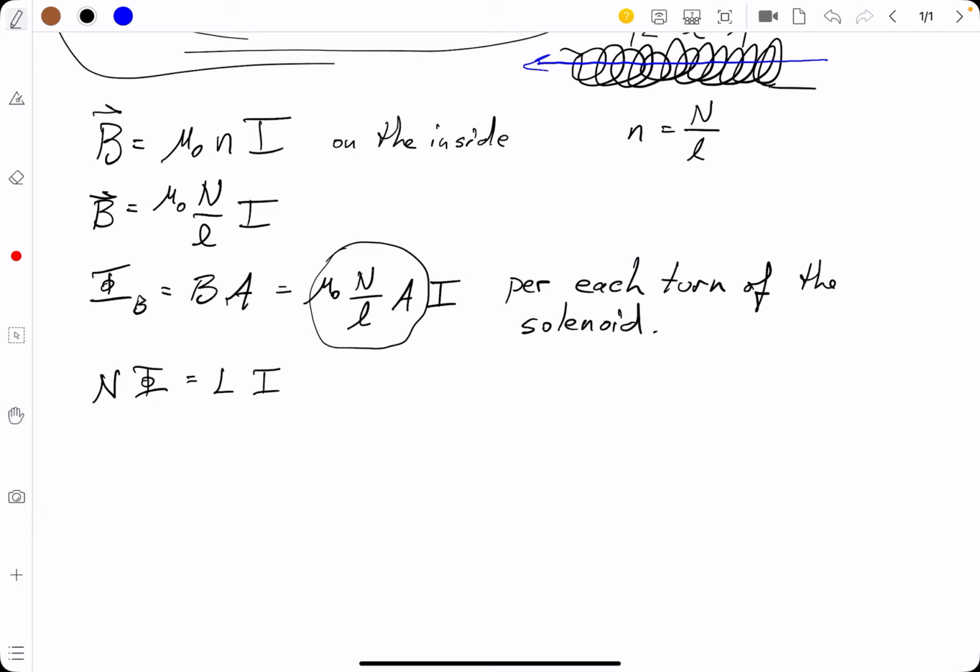I've rewritten that equation, and what is that going to do for us? That means we can say L equals N over I times phi. And of course, it's our magnetic flux. You don't want to forget that, because we've got two: the electric field flux and the magnetic field flux.